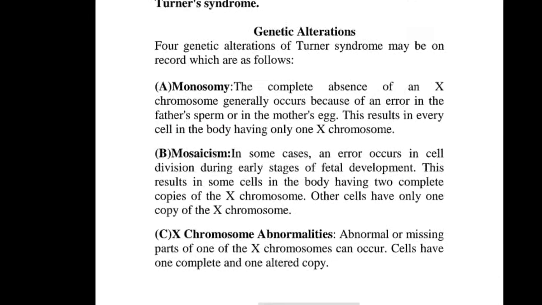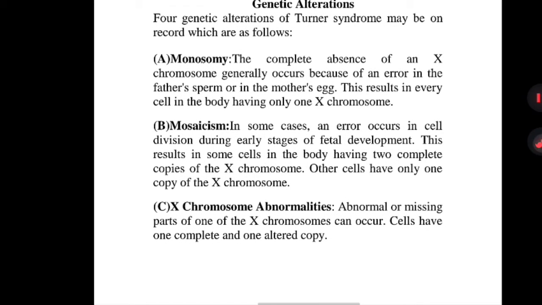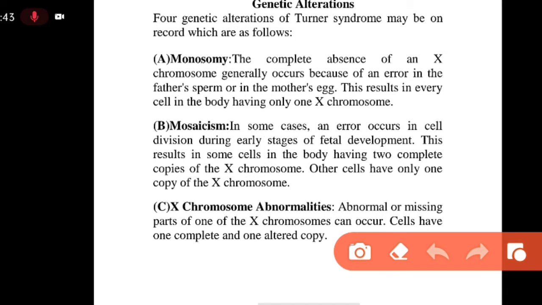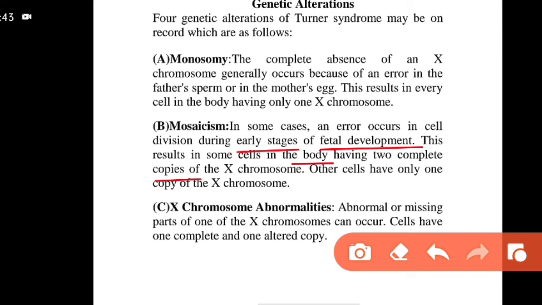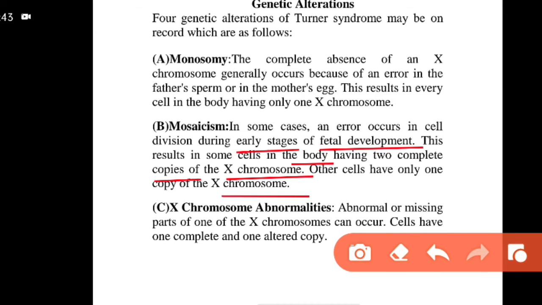In some cases, an error occurs in cell division during early stages of fetal development. This results in some cells in the body having 2 complete copies of the X chromosome. Other cells have only one copy of the X chromosome. This type of mosaicism is somewhat rare.